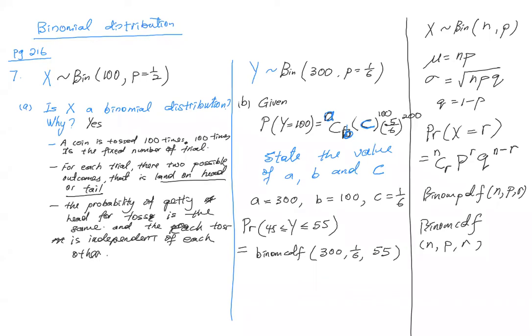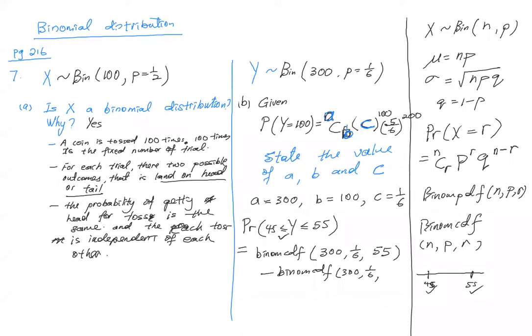Binom CDF, okay, good. 300, 1/6 and 45. Oh, be careful. Be careful. I want 44. I want 45 right up to 55.